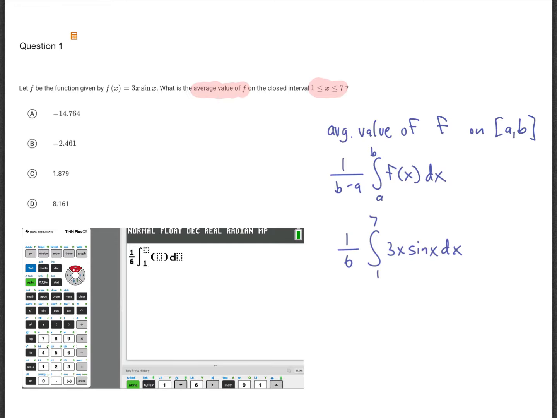It goes from 1 to 7, and then just type in that function, and then that's going to be it. Okay, and so that's B. Let's mark these as we go.